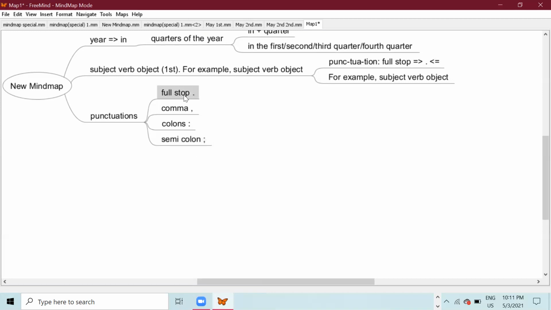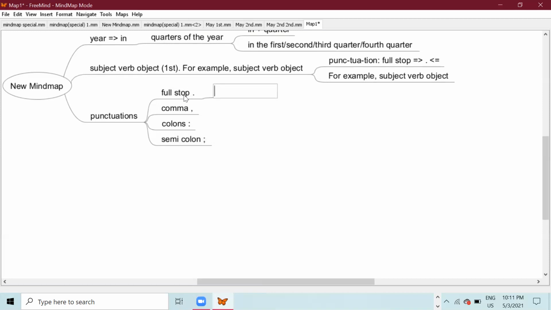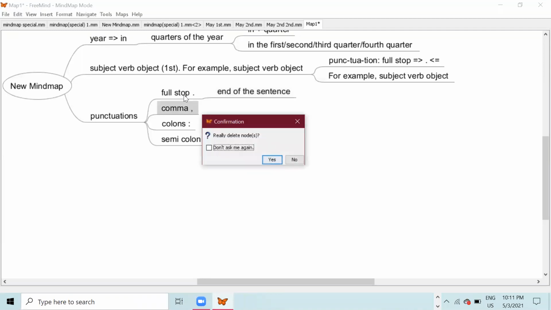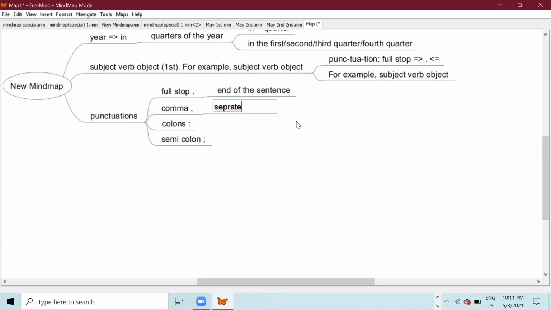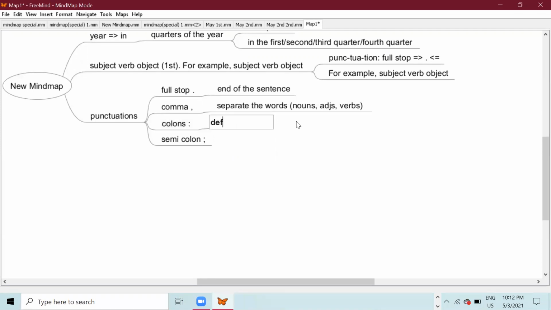So in English writing, if you use the full stop, it means the end of the sentence. But if you use a comma, you are going to separate words like nouns, adjectives, or action verbs, for example. And with a colon, when you want to give more definition, you want to define more.